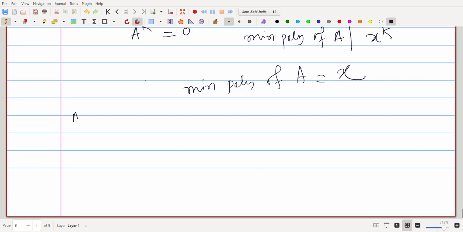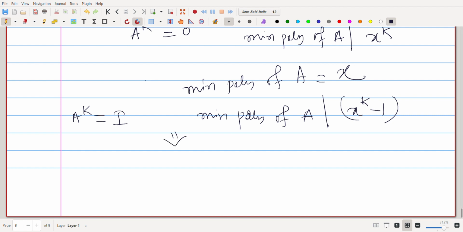And A power k equal to identity. So the minimal polynomial of A must divide x power k minus 1. Right? And the only real roots of x power k minus 1 are 1 and minus 1. That means it must divide x square minus 1.